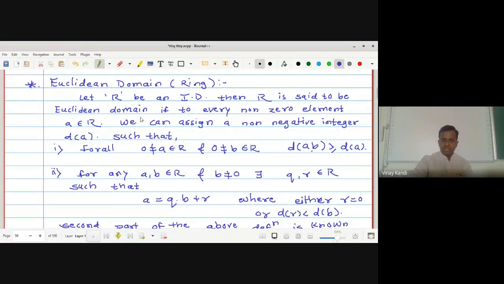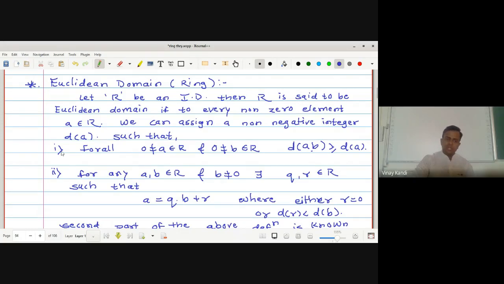It's said to be Euclidean if to every non-zero element a belonging to R, we can assign. What does that mean? We can assign means you can define a function like that. A non-negative integer: what is non-negative? Zero and all the positive numbers, 0, 1, 2, whole numbers.